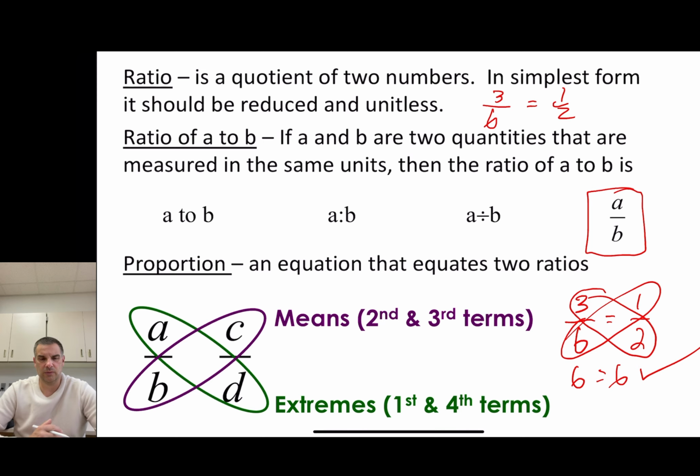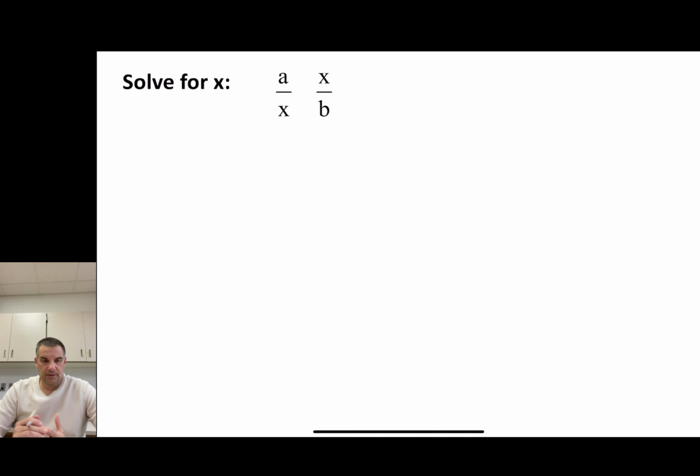And we're going to need that when we're talking about geometric mean. So for example, let's solve a over x equals x over b. If we do the means and the extremes, that's multiplying this, so x times x is x squared, which is equal to a times b.